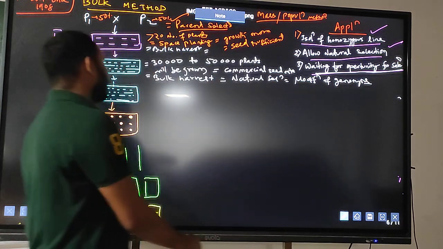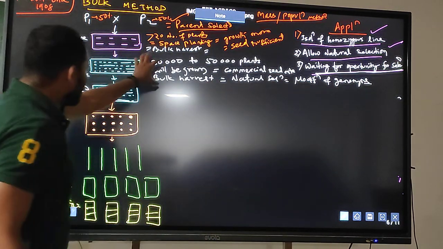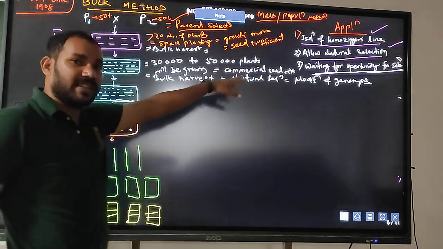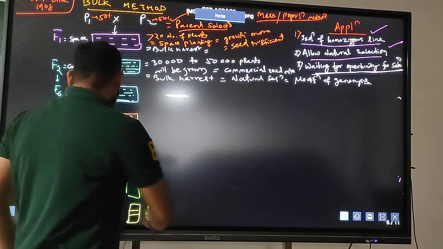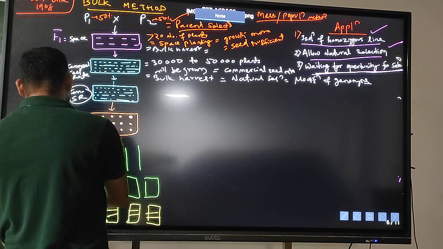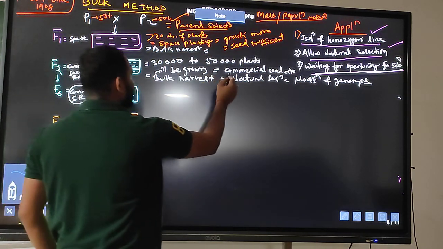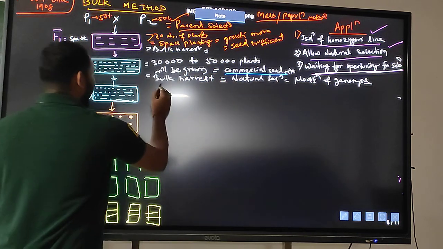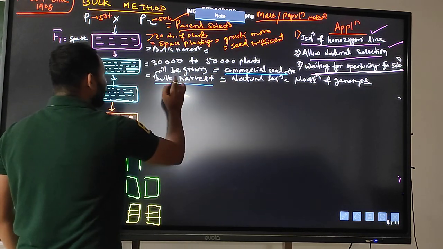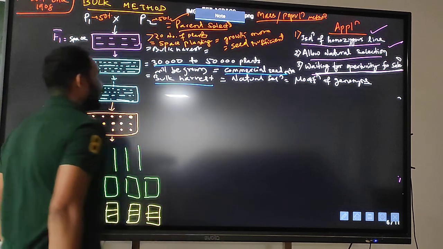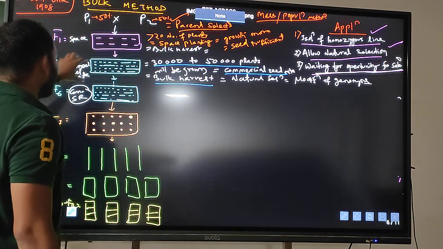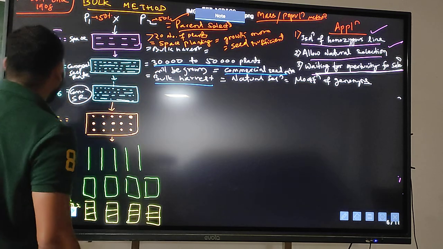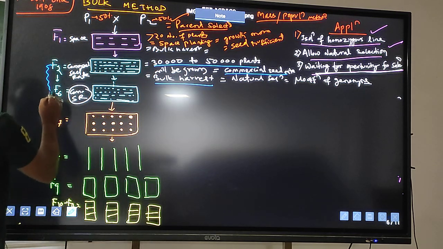So this is a basic thing. The two things we are doing are commercial seedbed and bulk harvest. How many plants should we maintain? We should maintain 30,000 to 50,000 plants. So the F2 generation, then F3 generation, up to F6 generation, these are all similar.